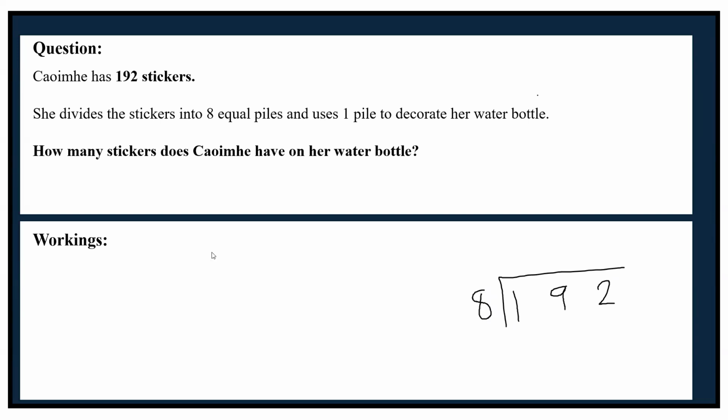Now, 8 into 1 would be 0. Then we've got to do 8 into 19, which would be 2. Then the remainder would be 3. So we'll put it there, and then 2. And now 8 into 32, 4. So it'd be 24. Awesome. Thank you very much, Hayden.